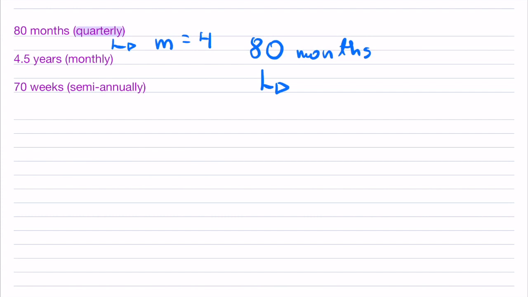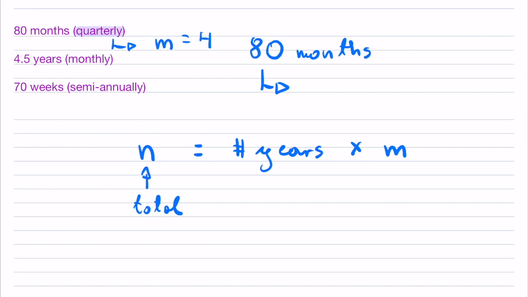Now, what we would like to do is find out the total number of terms that we would invest for or borrow for. That is simply the number of years that you are borrowing or investing for, multiplied by the number of terms that you have in a year.